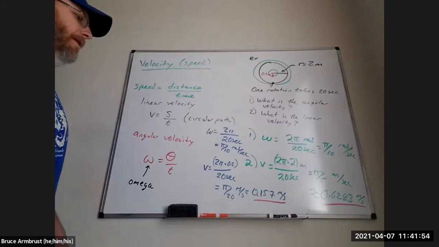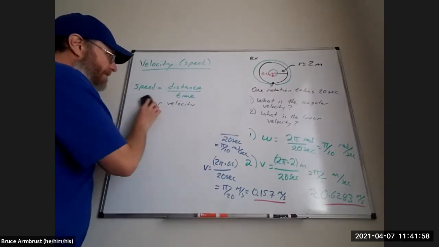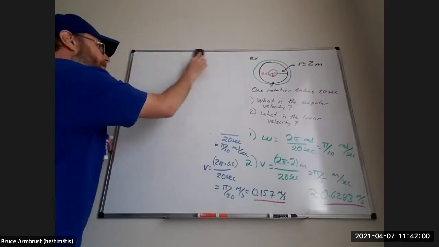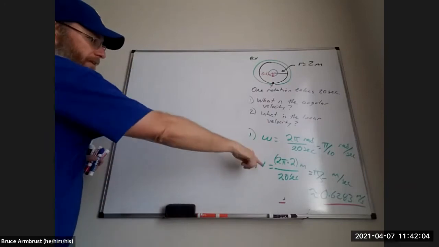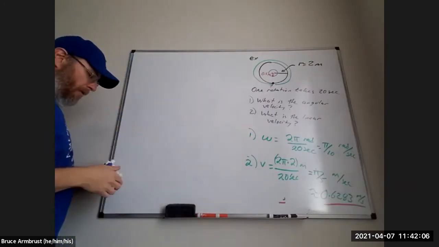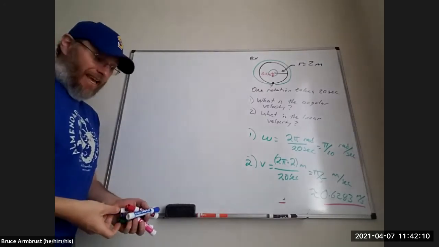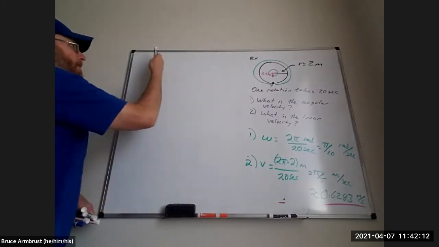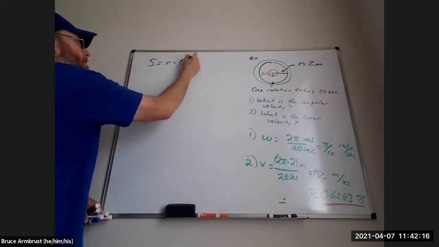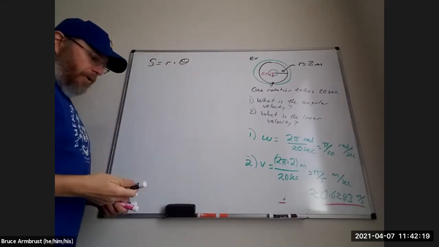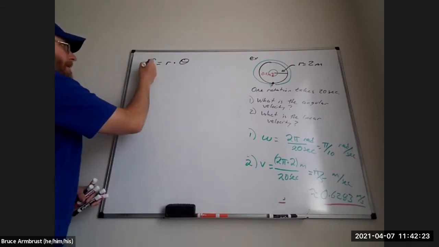All right, so let me just show you one more thing in terms of the velocities. That's kind of nice because there is a relationship between the angular and the linear velocities. So what I want to do is bring back that relationship between the distance and the angle. We had this formula that was S equals R times theta. And what I'm going to do is divide both sides by time.